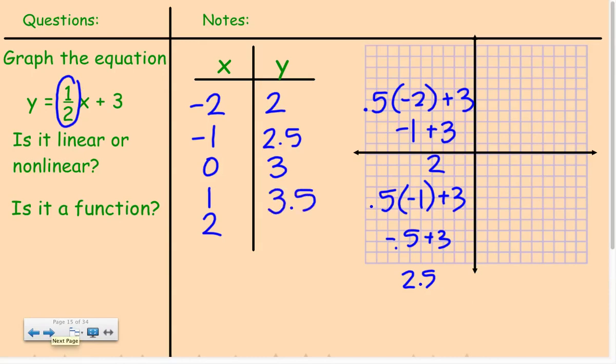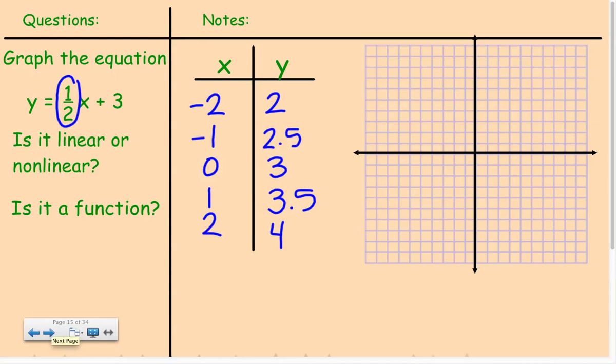Half of 2 would be 1. 1 plus 3 is 4. -2, 2. -1, 2.5. 0, 3. 1, 3.5. 2, 4. And you'll notice that one is linear. So is it linear? Yes. Is it a function? Yes. It is a straight line.